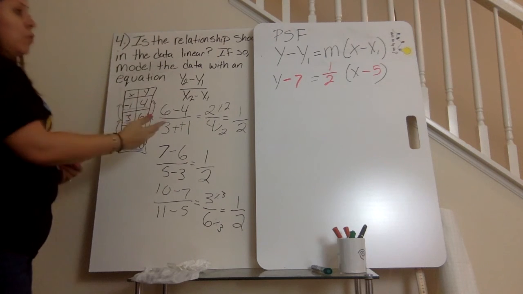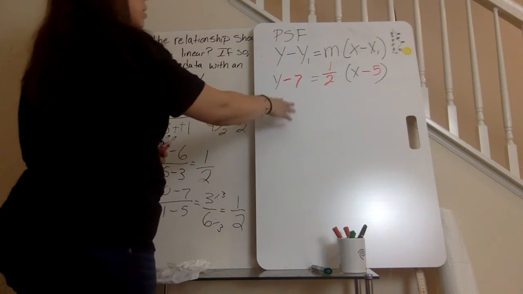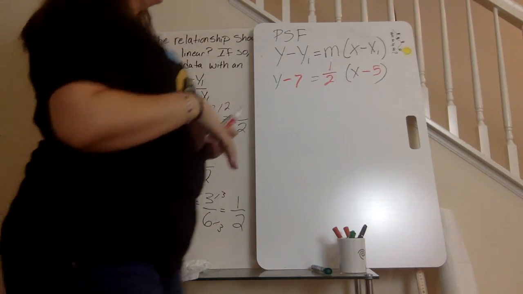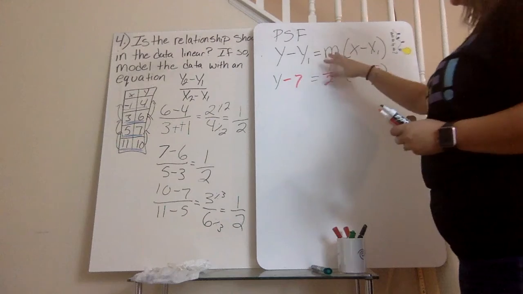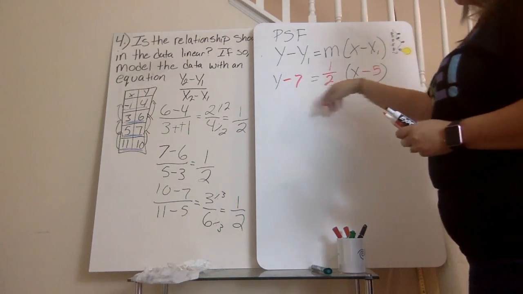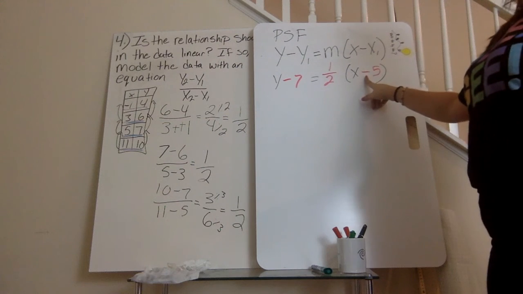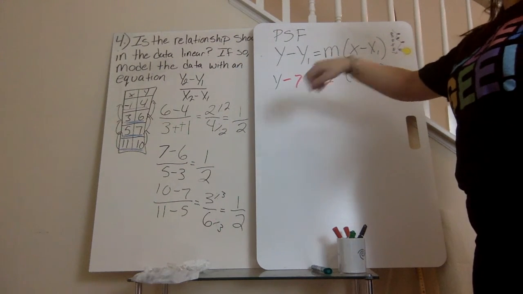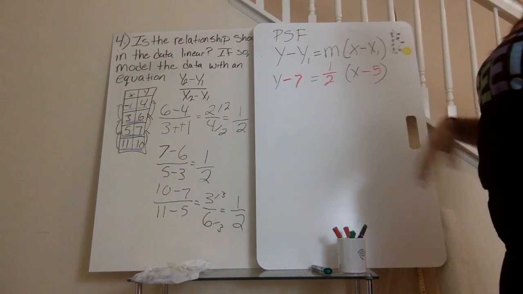So you have 4 possible answers. It doesn't matter which one you picked. For ours, we ended up picking 5 and 7. So we put our slope first. Our 5 is going to be negative, and our 7 is going to be negative as well, so then you'll get this as your answer.